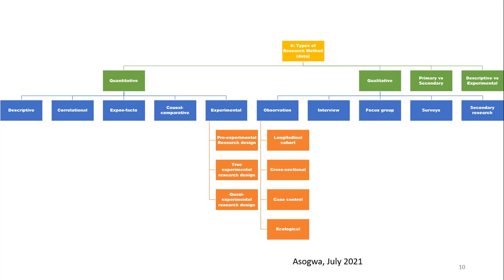Under observational research, this observation can be longitudinal, cross-sectional, a case study, and it could be ecological. It is very important we know that these are under observational study, which is a type of qualitative research method.